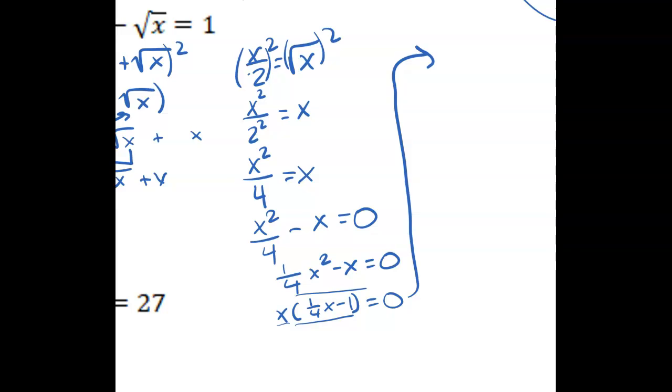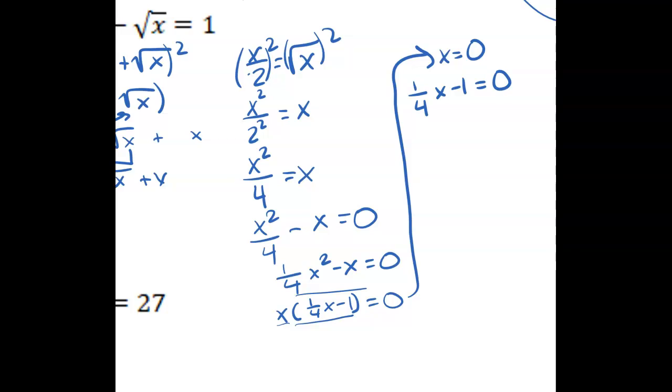So one of those things that's being multiplied has to be 0. Maybe both. But I know that x is one of my factors, so that could possibly equal 0 all by itself. Well, that one's already solved for x. Easy enough. The next one, I've got 1/4 x minus 1 could also be equal to 0.